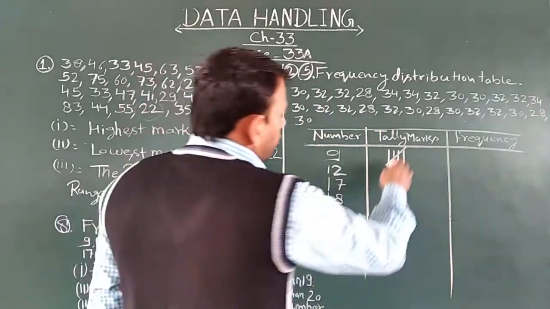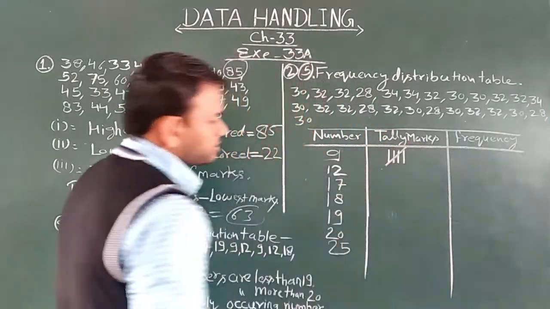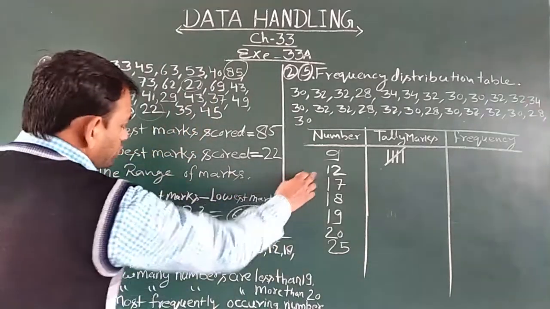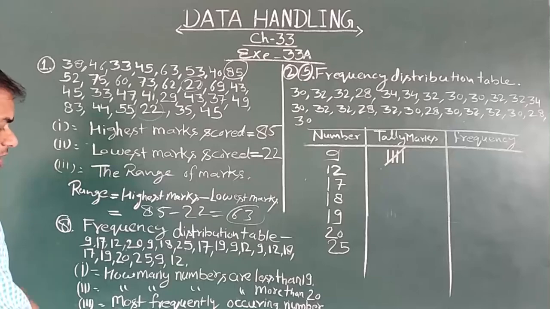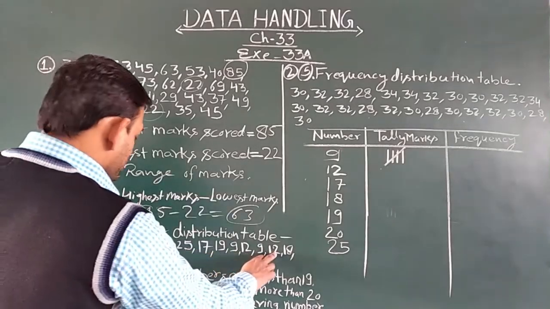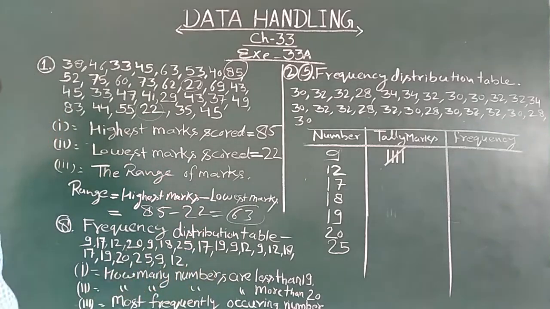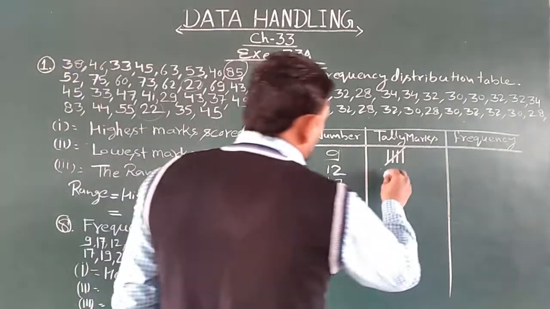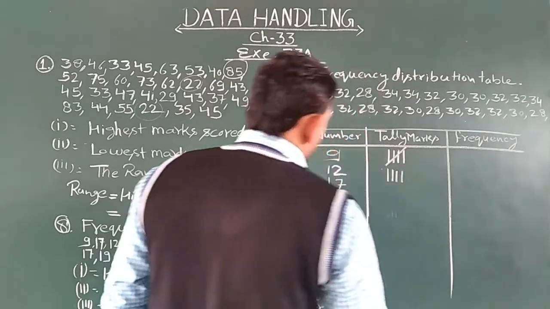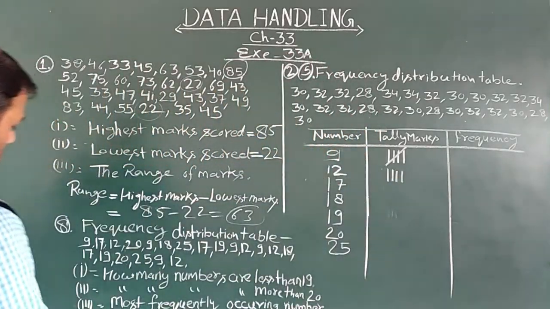The fifth line is always drawn obliquely, diagonally. After that 12 is there. How many times has 12 come? 1, 2, 3, and 4. 4 times 12 has come, so we will draw 4 lines.